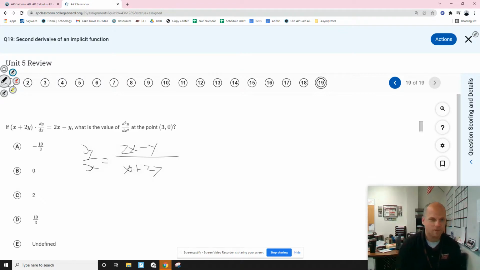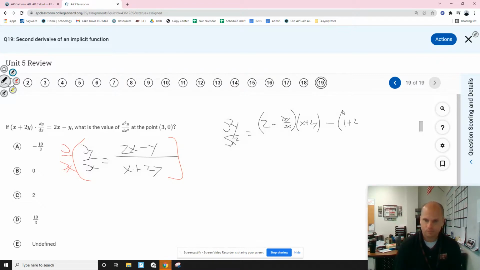Clip it out. Okay. To take the second derivative, I have to use the quotient rule. This is gonna be gross. Derivative of the top times the bottom minus the derivative of the bottom times the top.